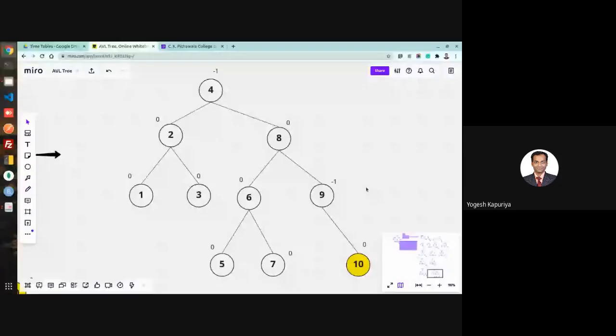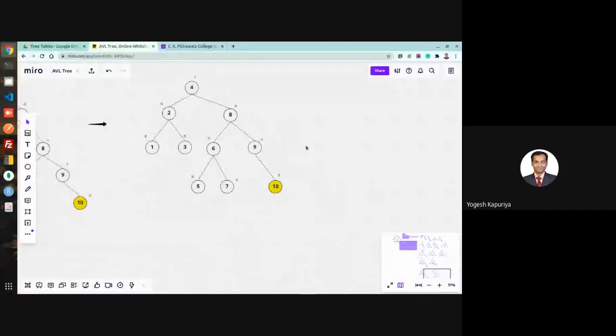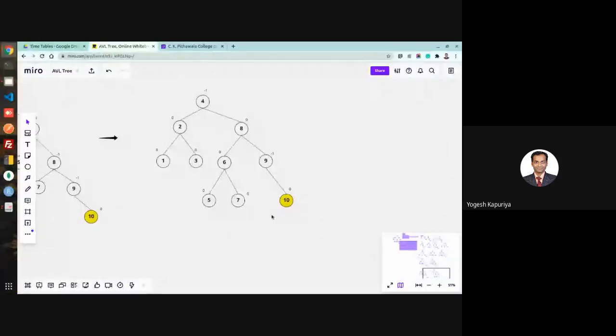Here this is 2 minus 2, so 0. Okay, so this is again an AVL tree. Remember, at any point of time you are not disturbing the BST property, the binary search tree property. So if you observe, 2 is less than 4, 3, 6, 8.